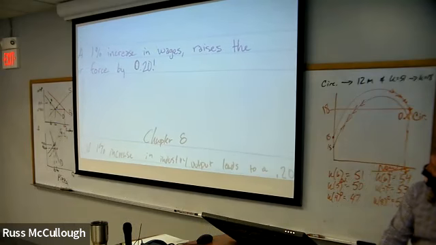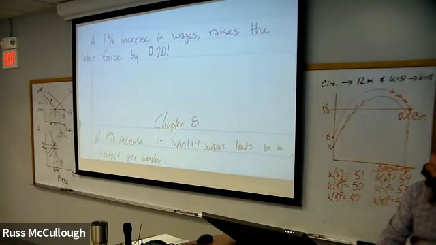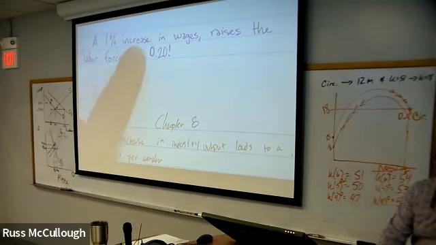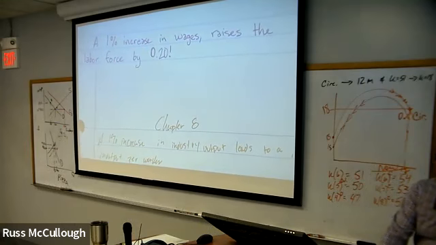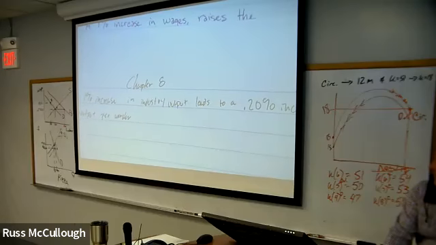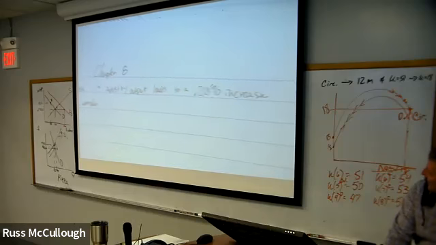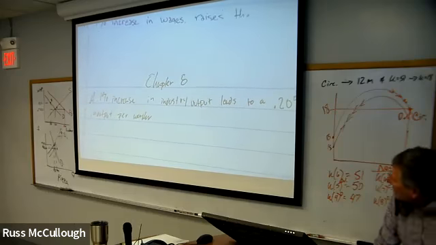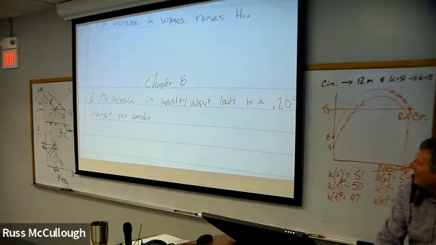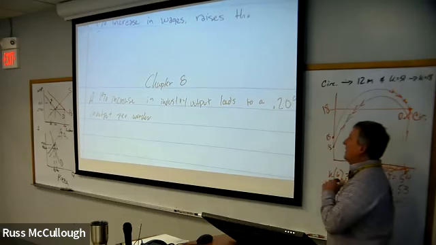Here's 2 more. Tyler, I think: a 1% increase in wages raises the labor force by 0.2. And Andrew: a 1% increase in industry output leads to an increase in industry output per worker.